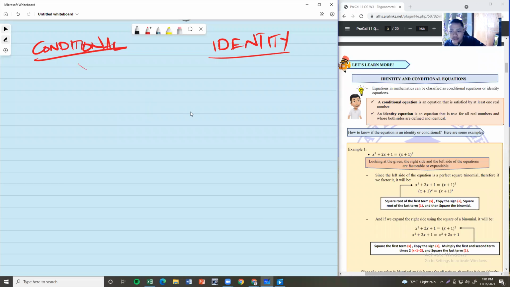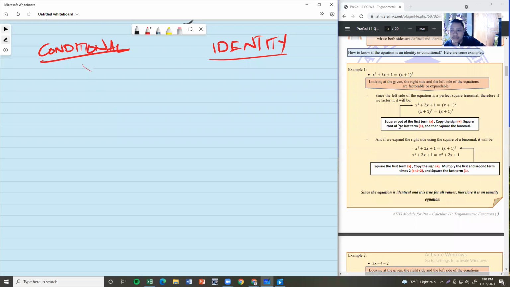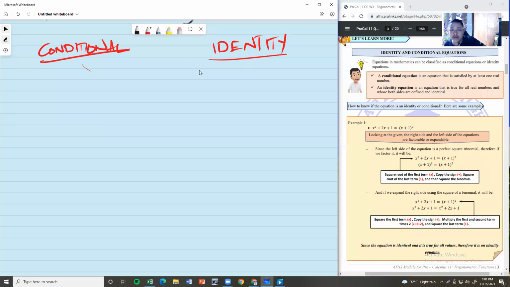For example, this is a sample: 3x plus 2x is equal to 10. Can you solve for the value of x? Yes or no? Type your answer in the chat box.